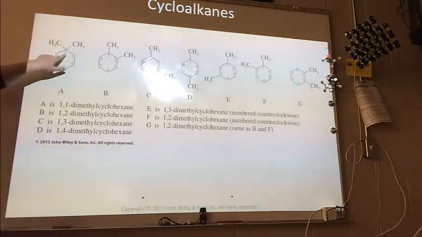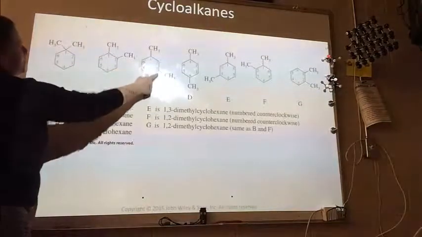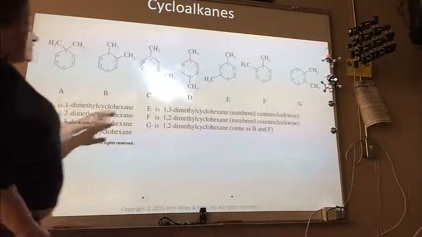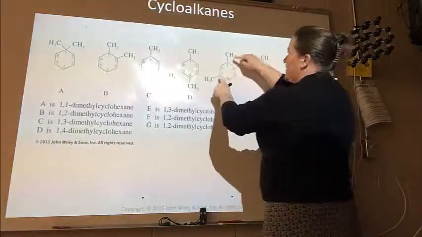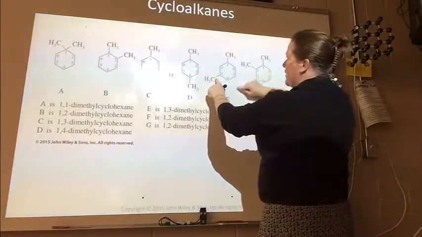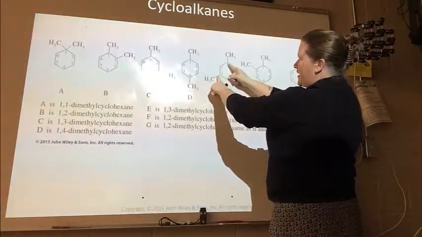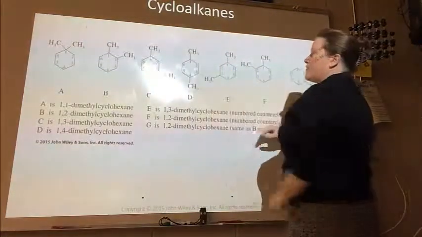So here we have two methyl groups, 1,1-dimethyl, 1,2-dimethyl, 1,3-dimethyl. Since these are right across from each other, it's 1,4. Now all of a sudden you see it seems like it's wrapping right around, right? Like this is going, but in order to give us the low numbers, now we're going to have to start numbering from this side, and that becomes 1,3.